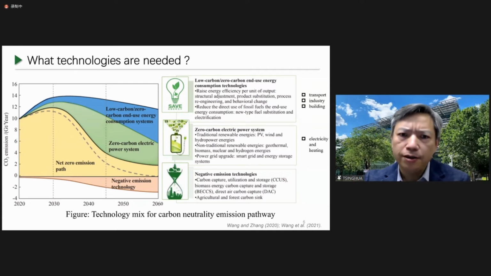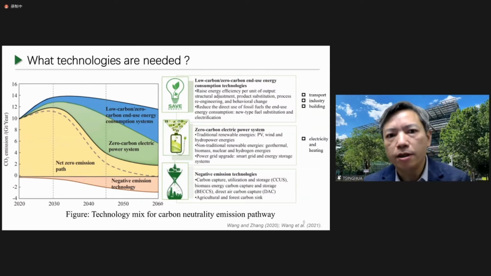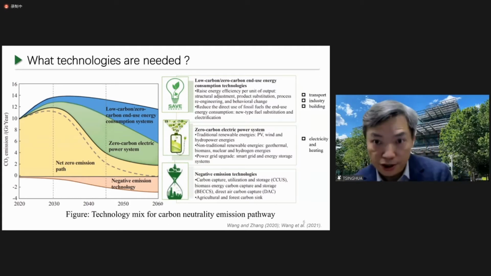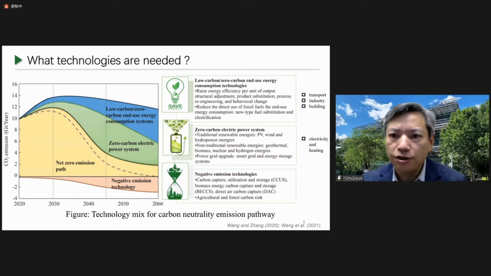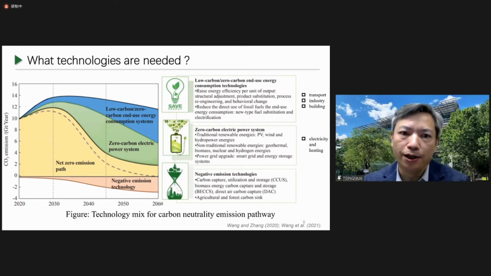The technologies could be classified into 4 categories, including low carbon, zero carbon, end-use energy consumption technologies, zero carbon electric power system, negative emission technologies, and non-CO2 greenhouse gas emission reduction technologies. The first 3 are important pillars and have been shown on this slide.